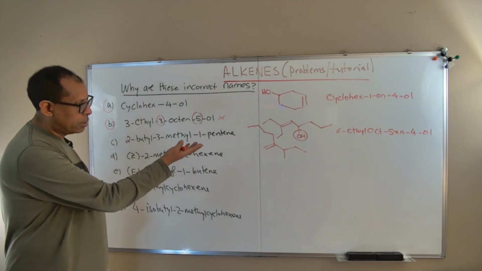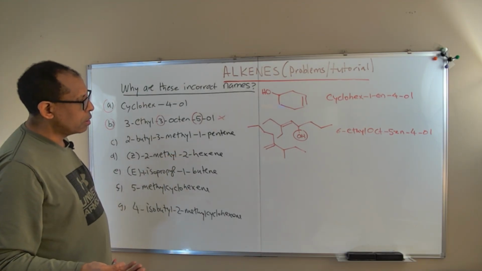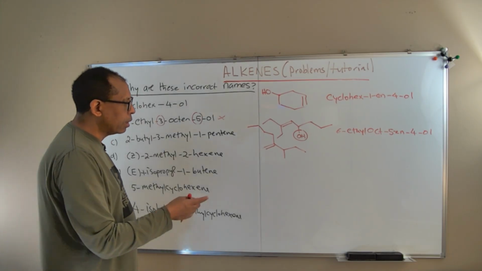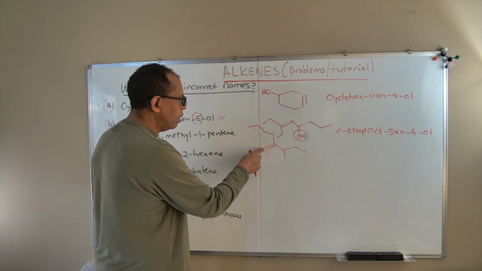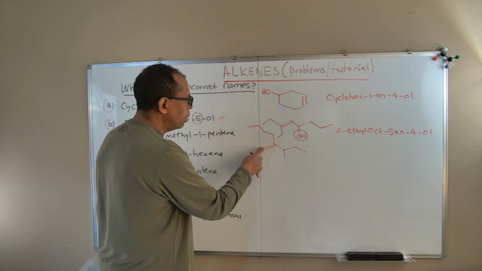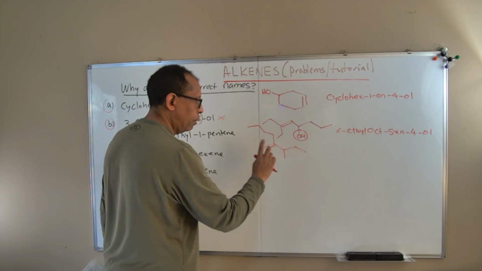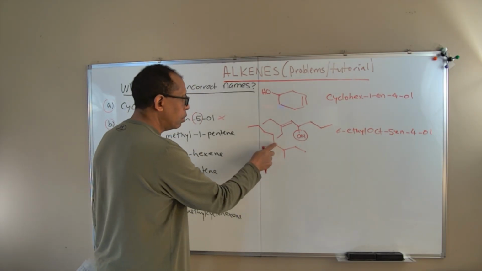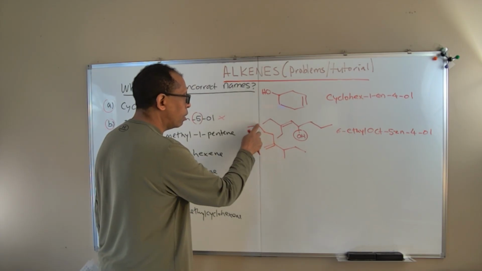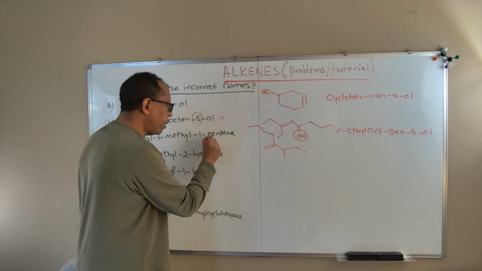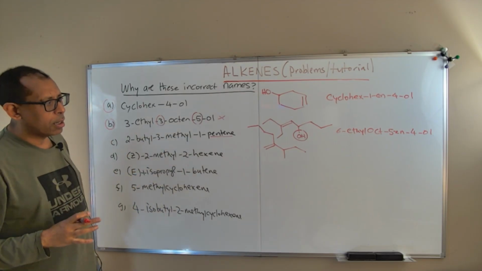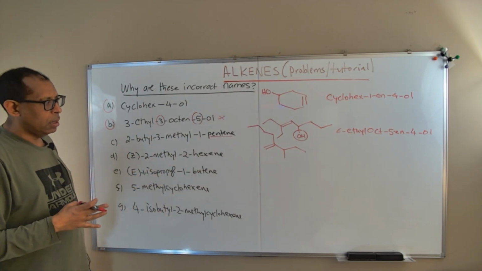If you look at this, the longest chain that contains the alkene is 1, 2, 3, 4, 5. No, let me see: 1, 2, 3, 4, 5, 6. So instead of a pentene, this compound actually is a hexene. That's the problem.